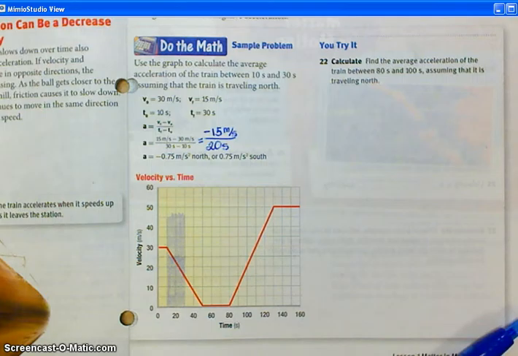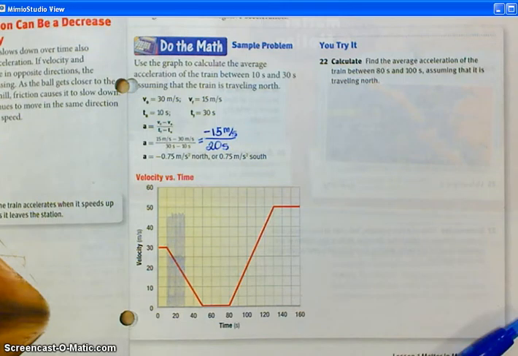Okay, now we need to look at the velocity versus time graph, and we're going to do several things to break it down before we answer question number 22. Question number 22 says find the average acceleration of the train between 80 seconds and 100 seconds, assuming that it's traveling north, so assuming that it hasn't changed its direction.